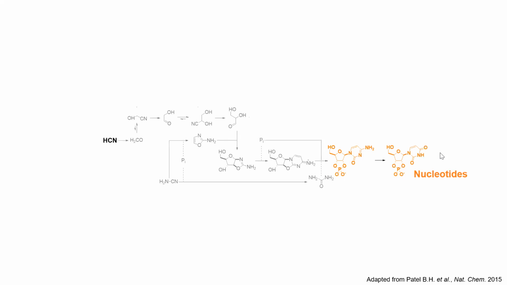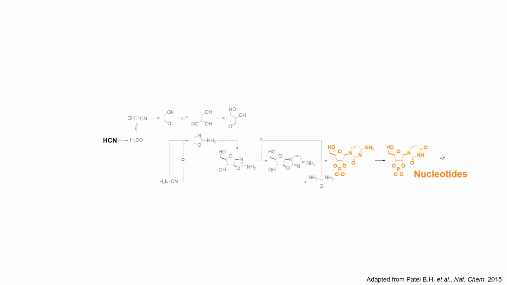Now, I won't go into the chemistry behind this scenario, also because the previous 101 lecture hopefully already covered all of what I'm going to show you. But the idea is that from hydrogen cyanide, through different reactions, one could get the building blocks of nucleic acids, the genetic polymers that are present in our cells. These are depicted here in orange and are called nucleotides.